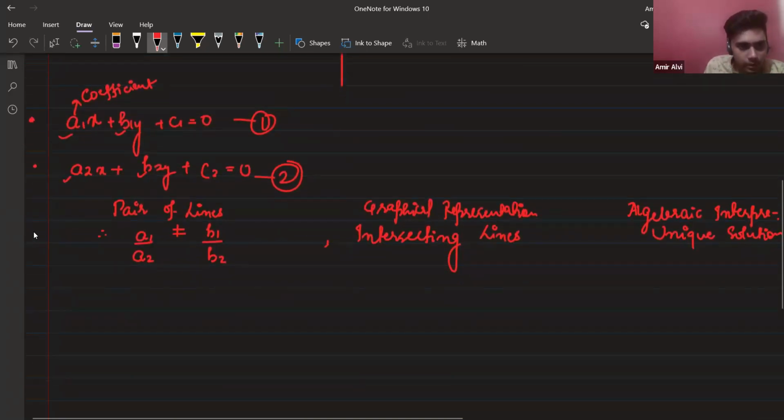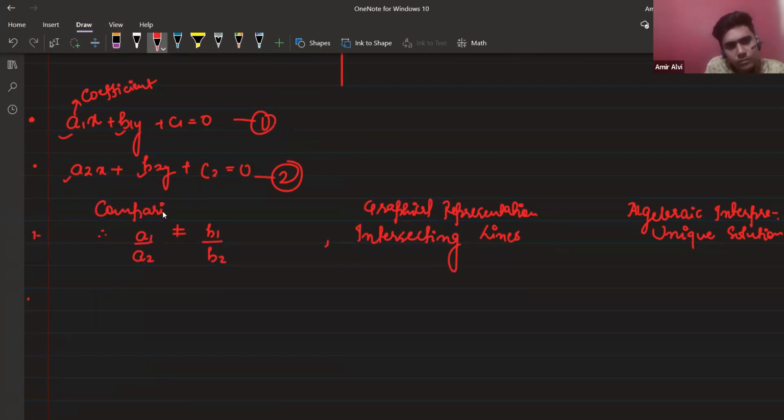This is the first part. Second part. Let me write this: comparing as ratios. This is the second. Got it? Any doubt?